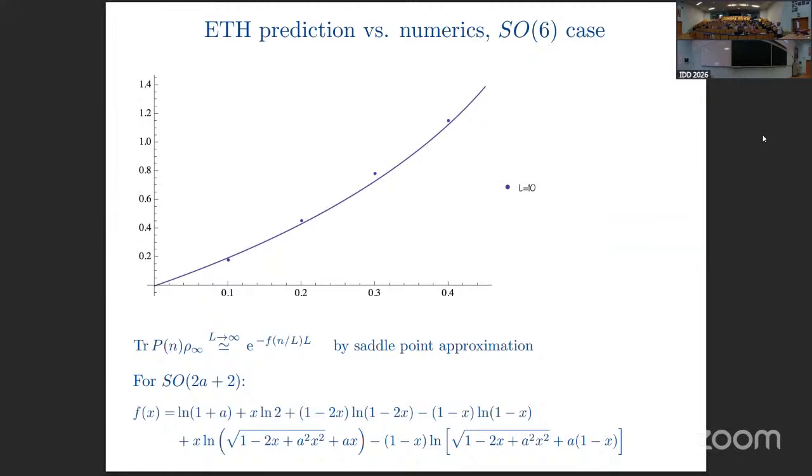Actually, you can find it for SO(2A+1), so A equals 2 is our case, and A equals 1 is twice the SU2 case. So also in this case, which is the physical thermal one-point function situation, there seems to be a thermalization of the black hole state at infinite temperature.